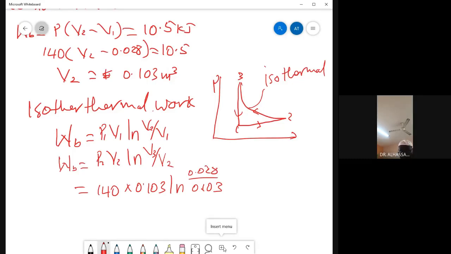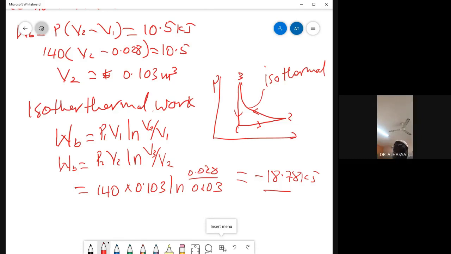If you calculate this carefully, you will get minus 18.78 kilojoules. This negative sign again indicates work is done against the piston. You understand? So that's the meaning of that.